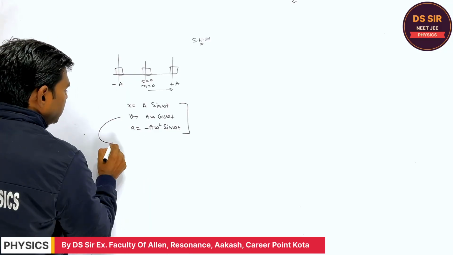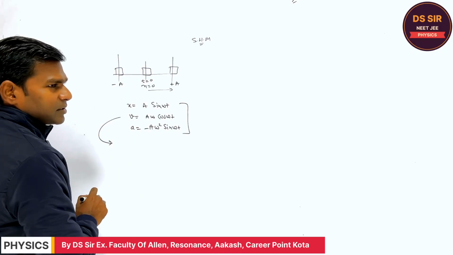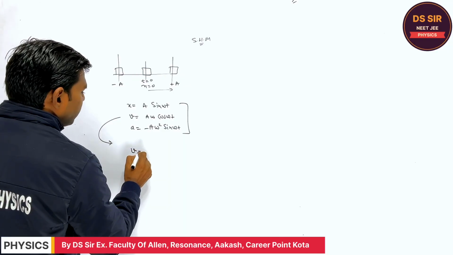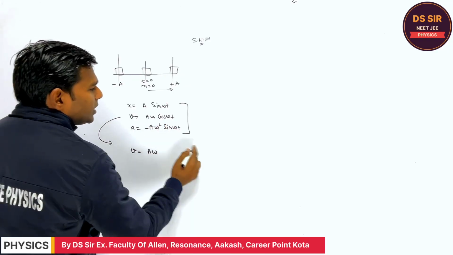Now we see the other form, how to represent the velocity in terms of x. For example, if this is the velocity, it is equal to a omega times cos omega t.